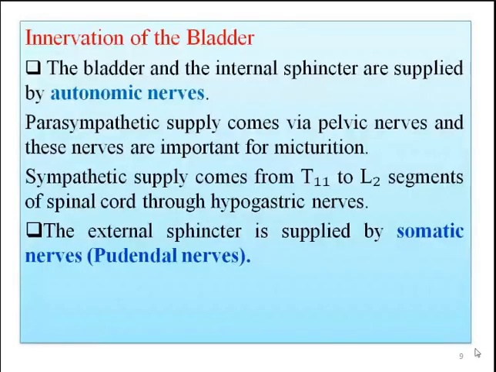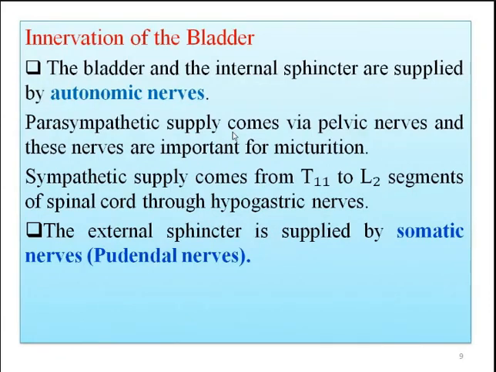Now coming to the innervation of the bladder. This is also a very important part. The bladder and the internal sphincter are supplied by the autonomic nerves, since they are under involuntary control. That is the parasympathetic and sympathetic nerves.